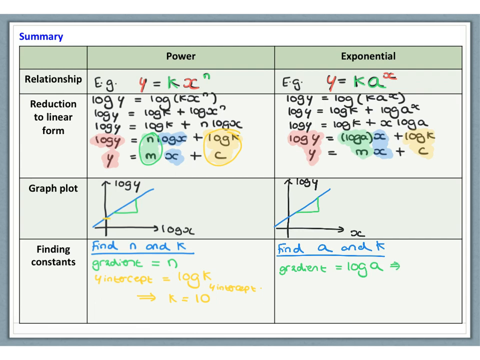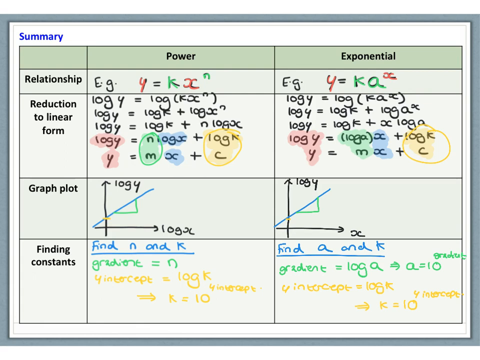So we can then use this to work out a by doing 10 to the power of the gradient. And the y-intercept, we can see from here, is equal to log k, which means again we can work out k by calculating 10 to the power of the y-intercept.